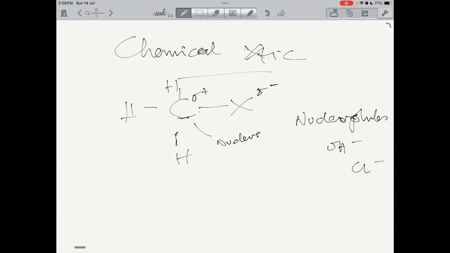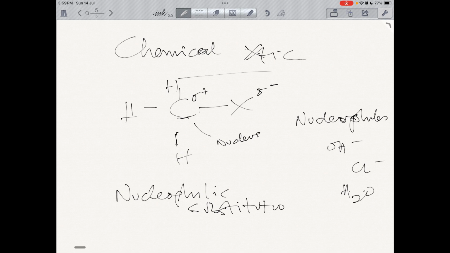They will love such a center. So alkyl halides are good substrates for nucleophilic substitution reactions.